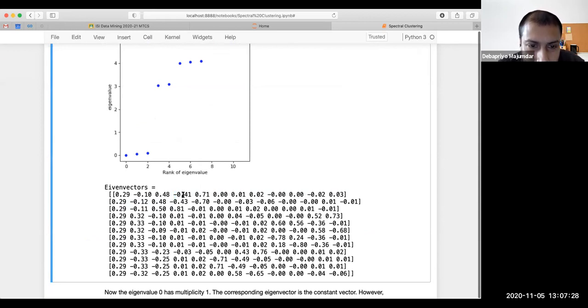Now the first one, -4 1 7 1, -4 3, -7, and +8 1, and this is almost like a 0. So you see that the fourth eigenvector actually separates the nodes of the first community. They are pretty separate now.